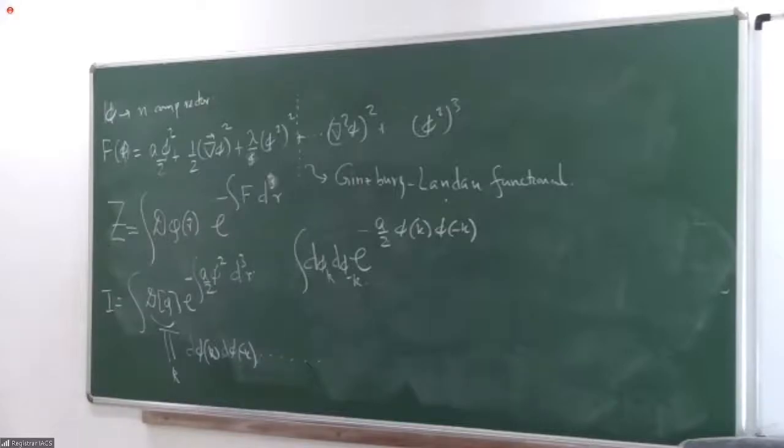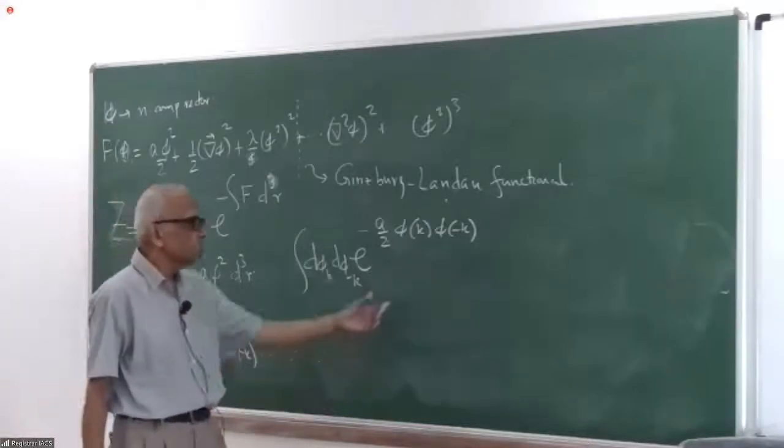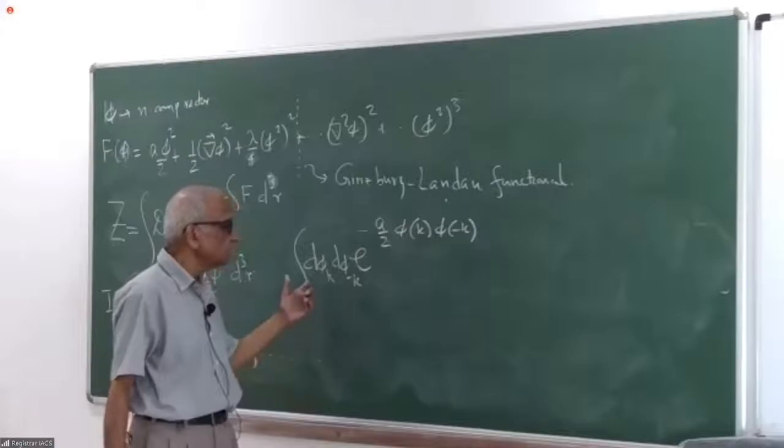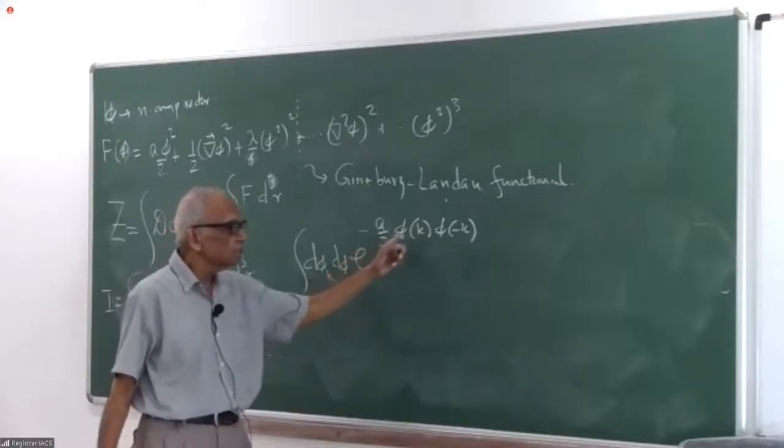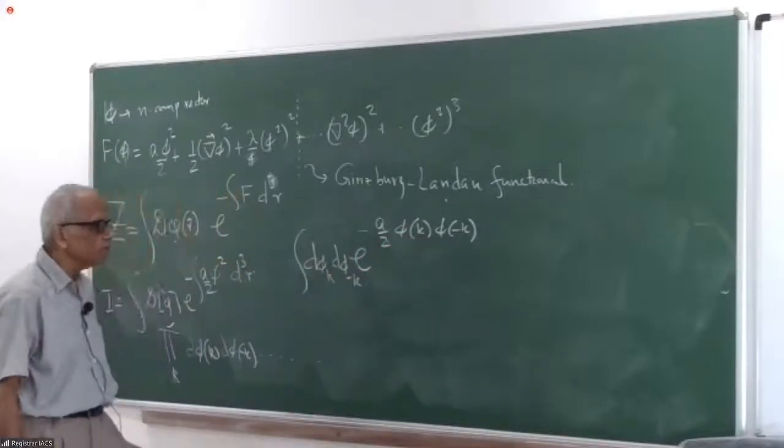So you are looking at this phi k phi minus k, and then this is d phi k d phi minus k.